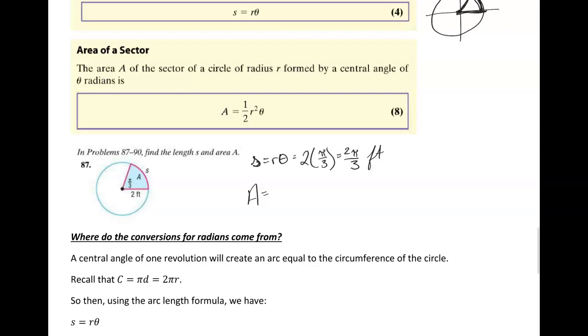So area is going to be 1/2 r squared theta. So we're going to have 1/2 times 4 times pi over 3. So we're going to have an area, in this case, of 2 pi over 3 square feet. It just happens to be the same number in this case. It does not always happen that way. That would be like the biggest pie piece ever, right?